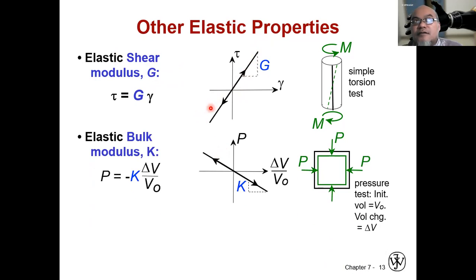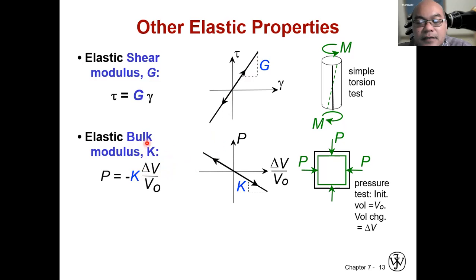Poisson's ratio only relates the length change in the direction of the tensile stress and its relationship with the perpendicular deformation. Then we also have another parameter called the elastic bulk modulus, symbolized by K. This is related to the deformation of the material as a volume.